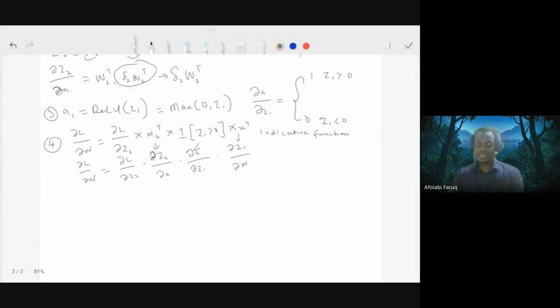So that is basically how we've been able to represent that. And then the output error is being measured here. So that's that about the output gradient.